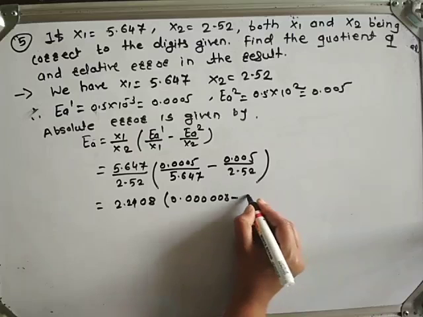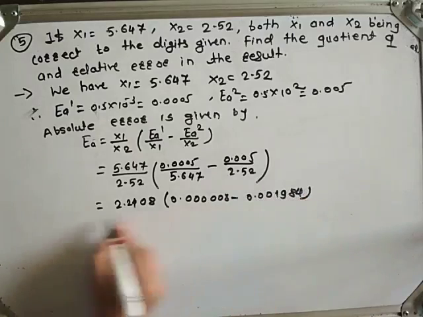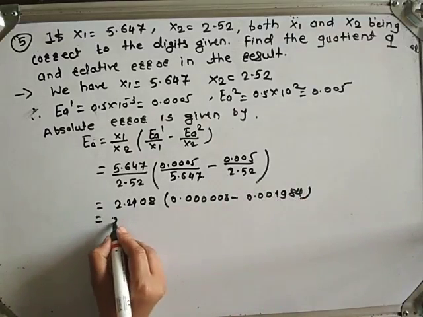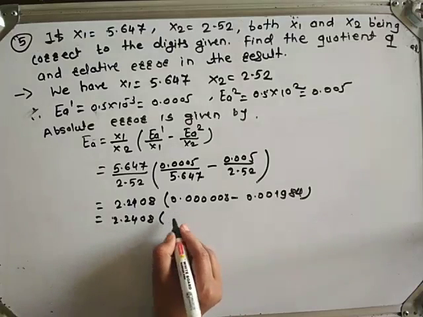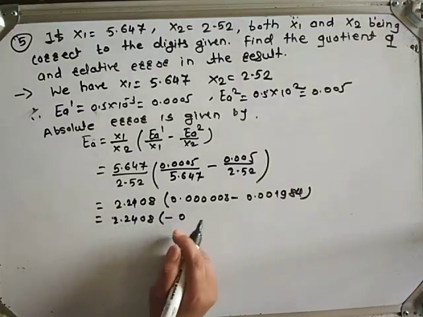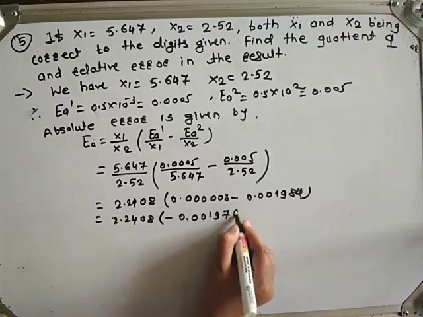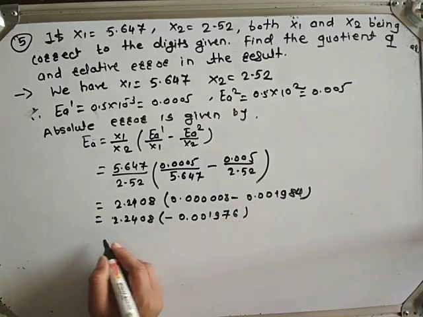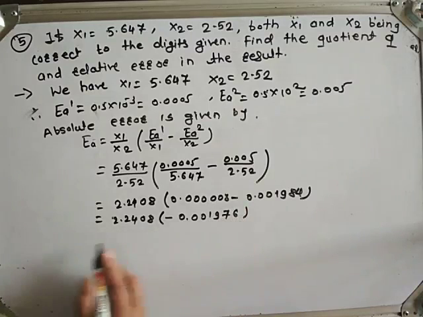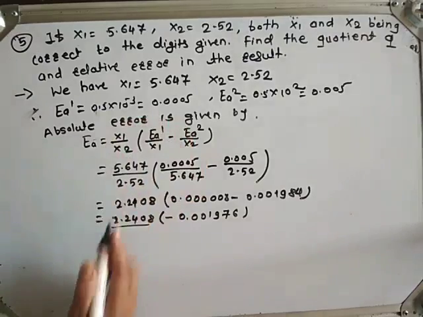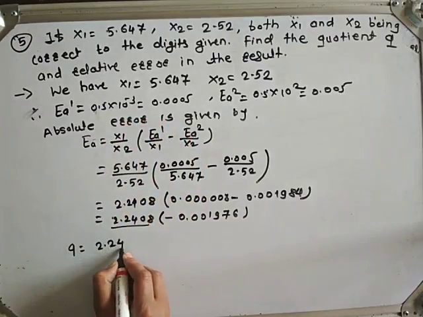Calculate this on the calculator, we get 2.2408 into 0.00008 minus 0.001984, which equals 2.2408 into minus 0.001976. See here, this is Q, that is the quotient. Q equals 2.24.